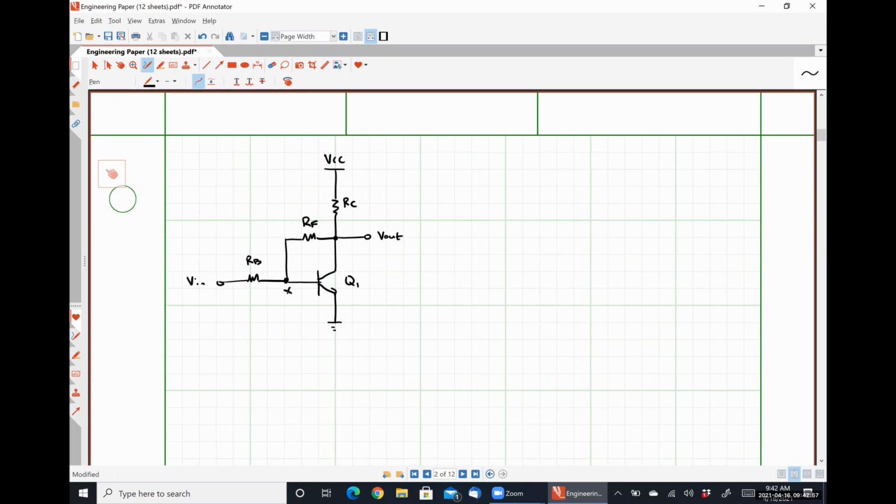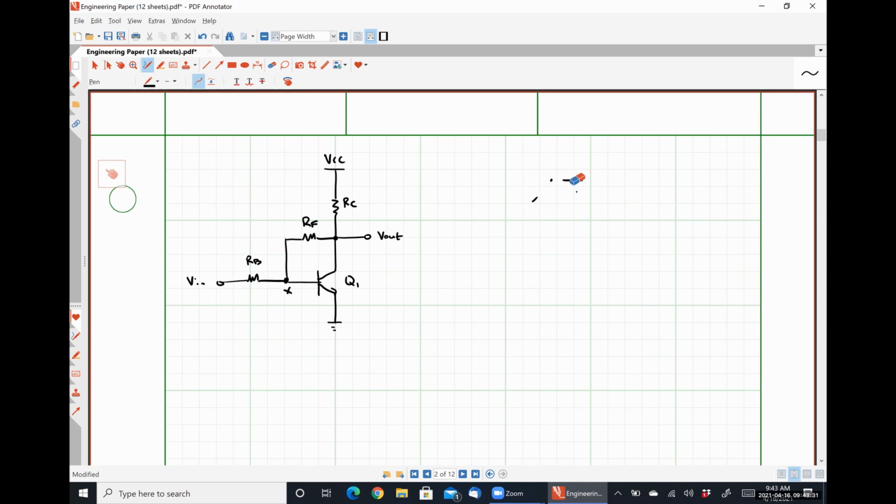So for a problem like this back in 335, what we did was something of the form of, we said that our voltage gain was V out divided by Vx multiplied by Vx divided by Vin, right? If there were no feedback resistor there. And that was an easy enough way to figure out what was going on. But we have this feedback loop that is preventing us from doing something as simple as this. This is where Miller's theorem comes in, okay?